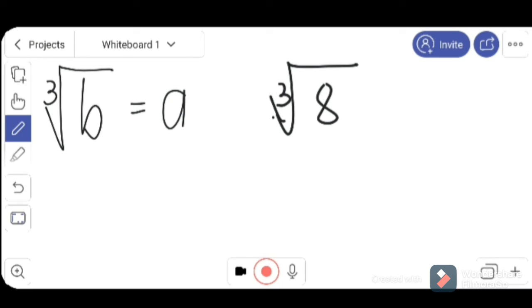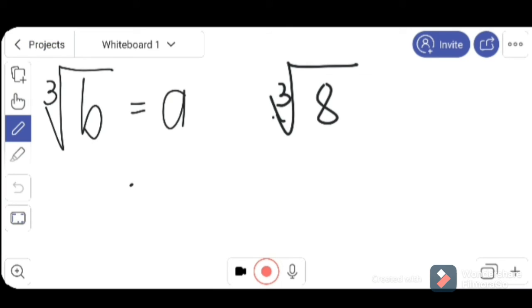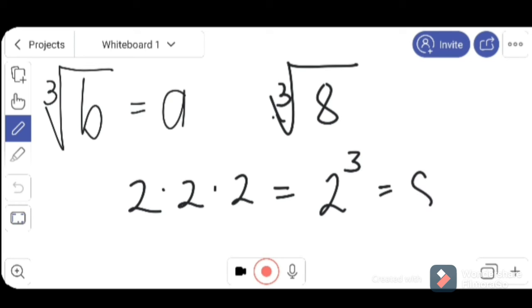What is the number that when you multiply 3 times, the answer is 8? So, let's try 2 times 2 times 2. And as we write that in exponential form, that will be 2 raised to 3, and the answer is 8.